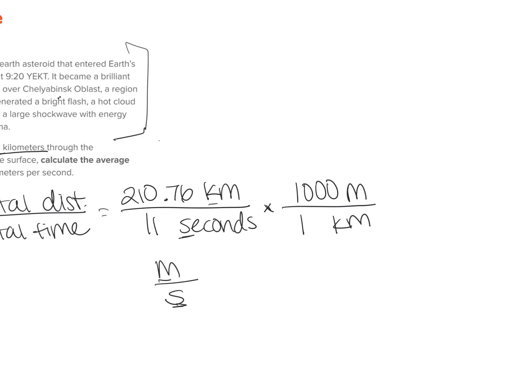When that happens, this kilometer is going to cross out that kilometer. I'm left with meters on the top and seconds on the bottom, as I should. Okay, I'm going to use a calculator to do this math, as you guys should do for all of these that you're about to do. And I'm going to have 210,760 meters over 11 seconds.